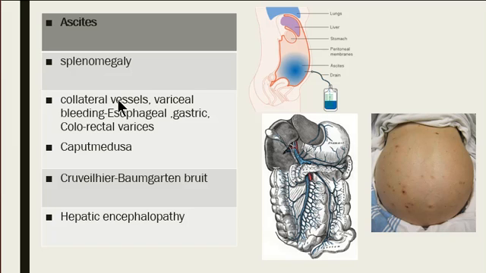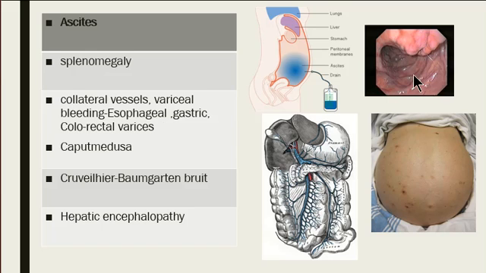So instead of where it was supposed to go, an extra amount of blood will be going to the esophageal vessels and the vessels in the stomach and the colorectal vessels. So this would lead to the vessels becoming enlarged in these areas, and these are more likely to rupture, right? So let me show you a picture of that.